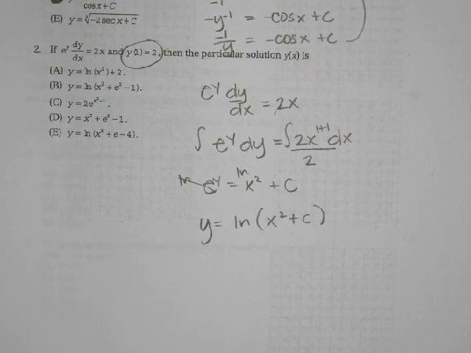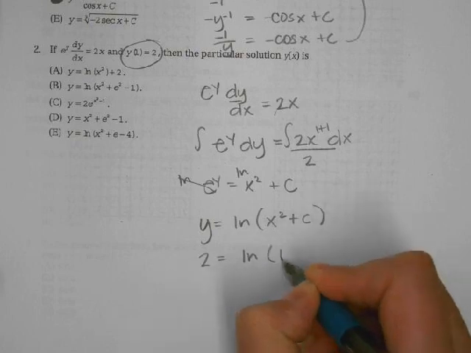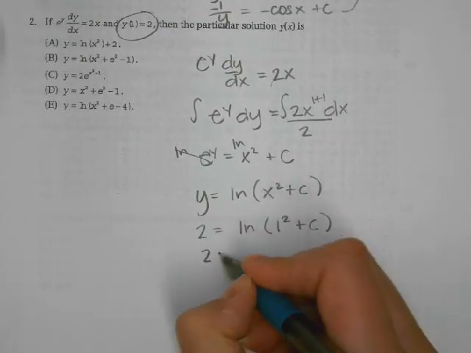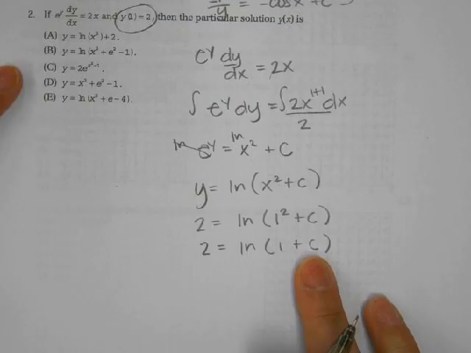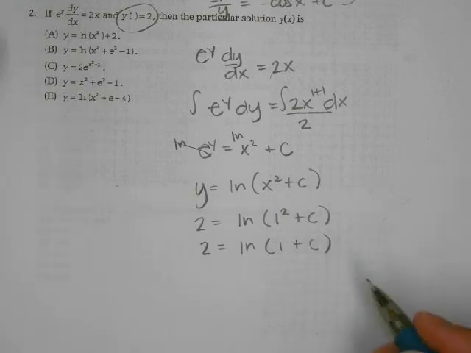And now I can use that initial condition of (1, 2). So I'm going to say that if I plug in 1, I get 2. So 2 equals ln of 1 plus c. And now I have to be able to get that c alone. And so I need to get rid of the ln so I can get inside that parenthesis.